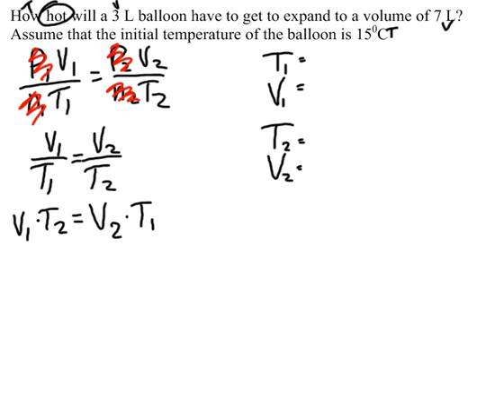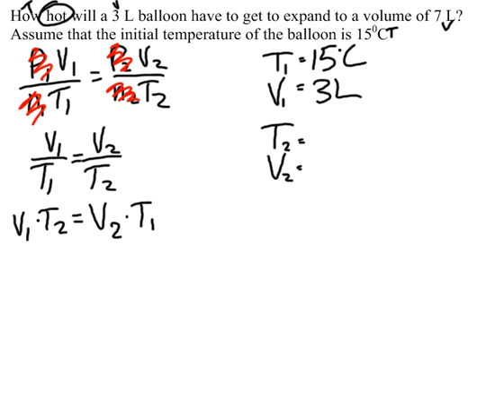So let's go ahead and plug in our numbers first. Looking at the problem, my initial temperature is 15 degrees Celsius. My initial volume is 3 liters, since I'm going to expand to a volume of 7 liters.